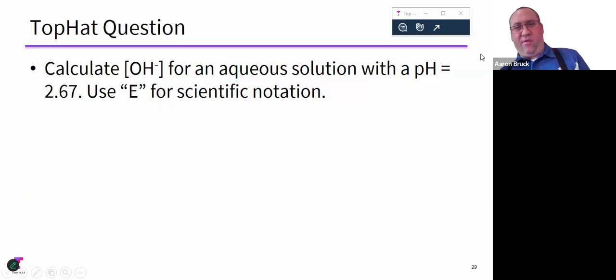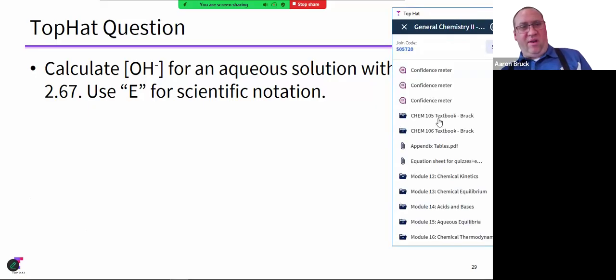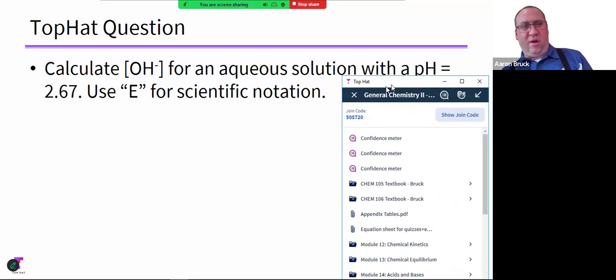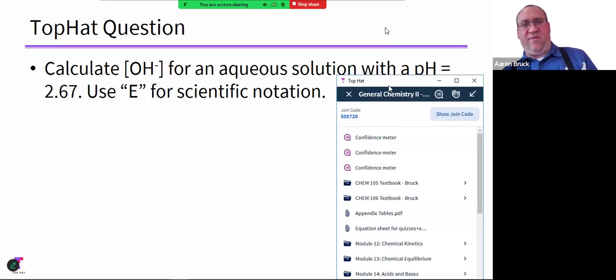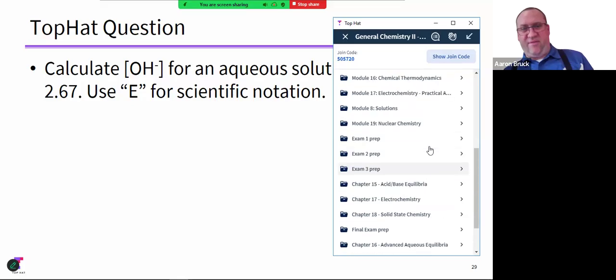All right, final example for the week. This one is a little bit more straightforward. Calculate hydroxide concentration if you have a pH of 2.67.